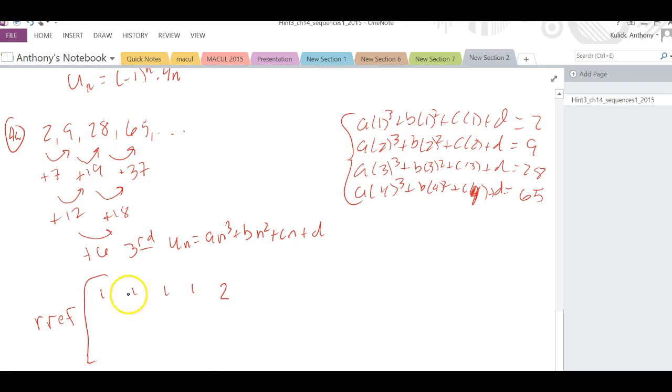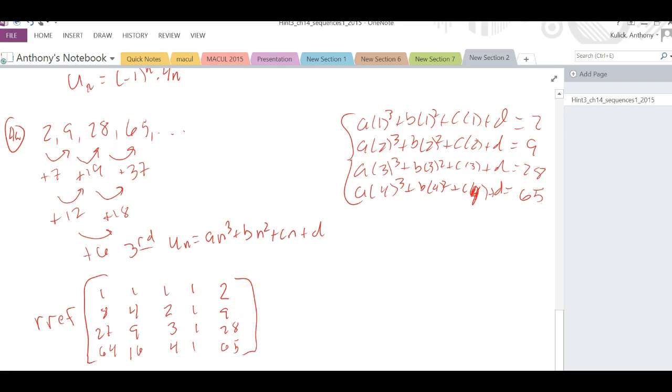For the second equation, I have 8a, 4b, 2c, 1d, and 9. For the third equation, I have 27a, 9b, 3c, 1d, and 28. And for the fourth equation, I have 64a, 16b, 4c, 1d, and 65.